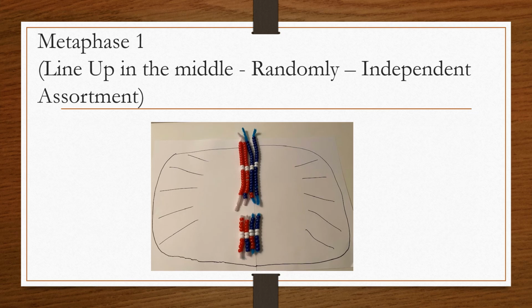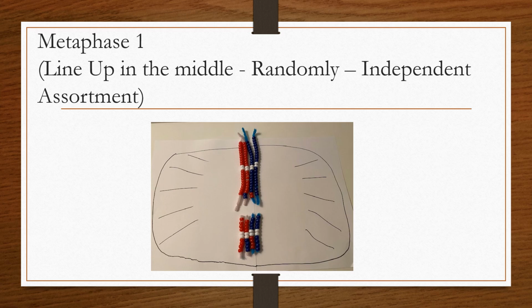The next step is what is called metaphase 1. In this phase, fibers come out and the chromosomes line up along the middle. They line up in a single line, as you see in this picture, as doubled-up sets, and this arrangement is random. What does that mean?